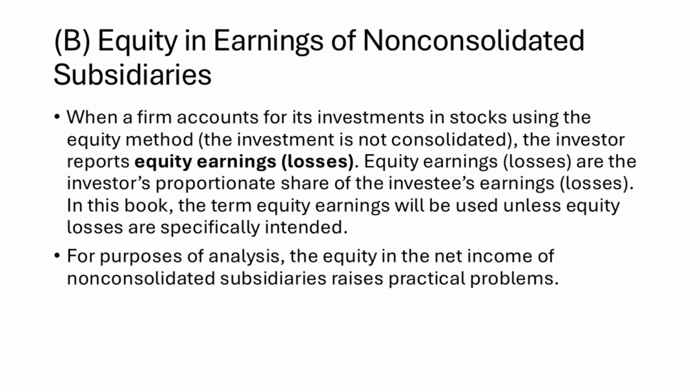For purposes of analysis, the equity in the net income of nonconsolidated subsidiaries presents a particular problem. For example, the equity earnings represent earnings of other companies, not earnings from the operations of the business.